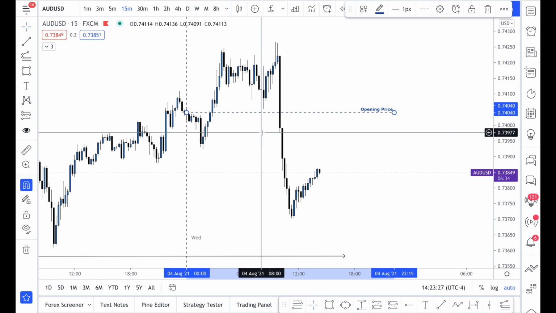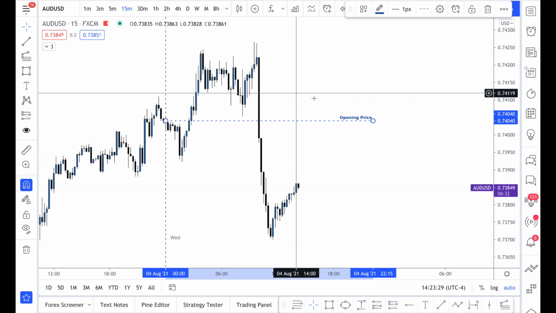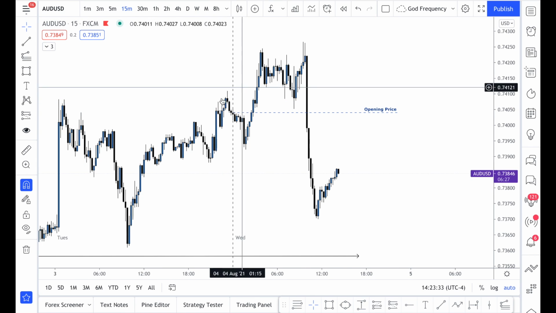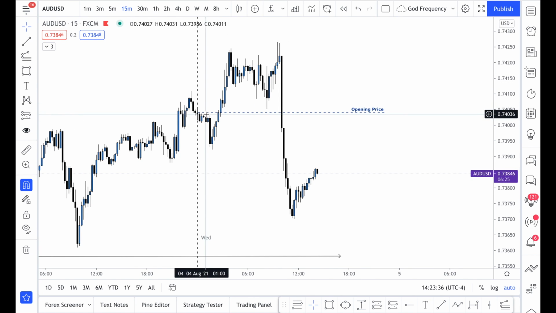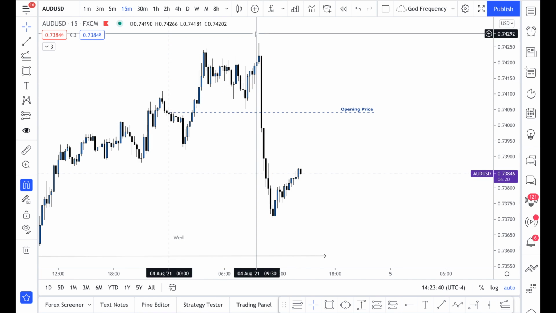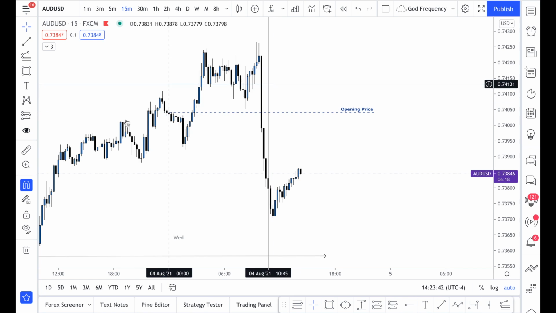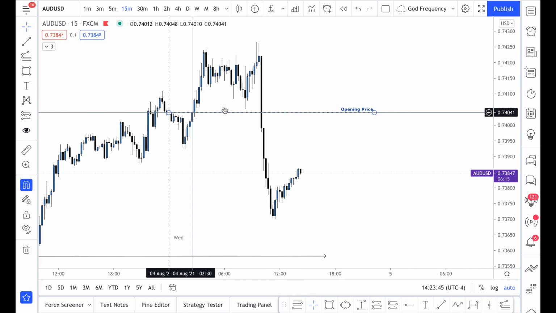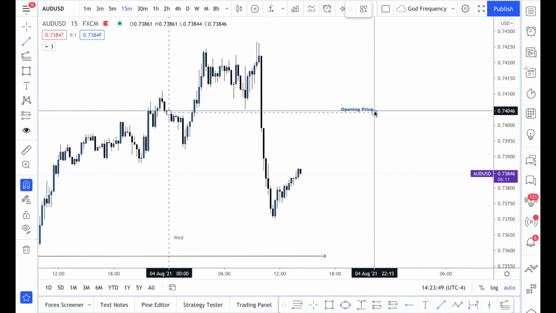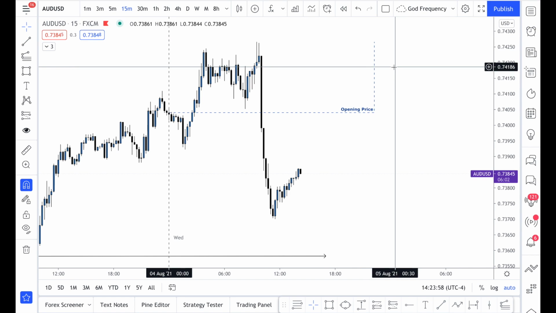Okay, and let's just say I already know that price has taken out all of this buy side liquidity, and I'm anticipating a strong dollar for the day, and I'm already anticipating for us to go lower. I'm looking for price to open. And then what I showed you with the bar chart, I'm waiting for a manipulation to the upside, right?